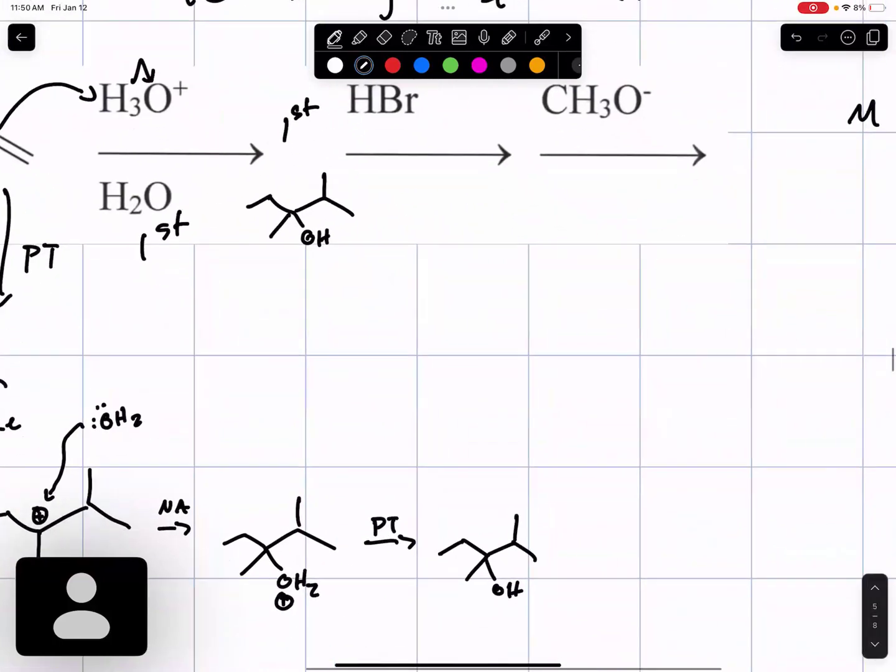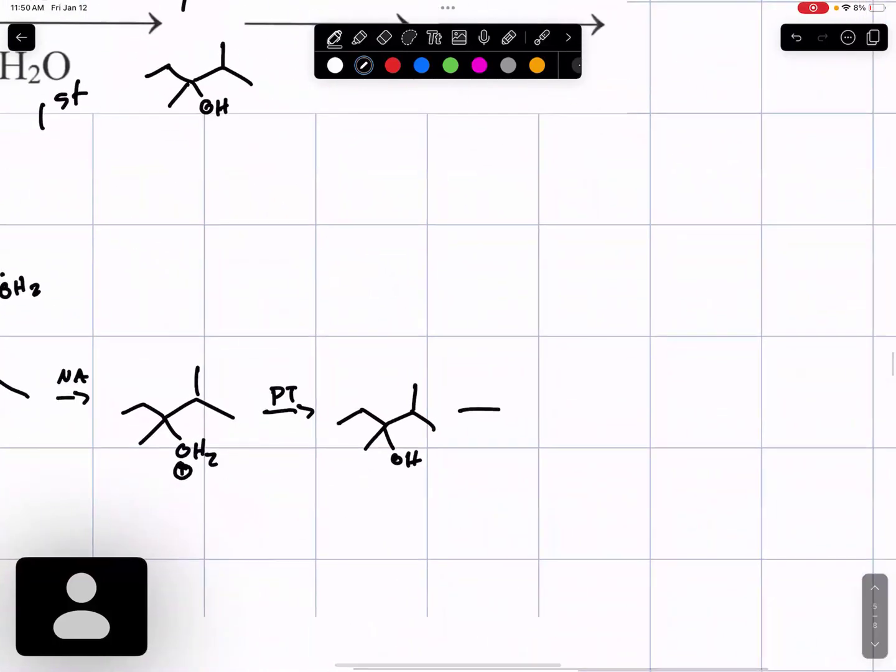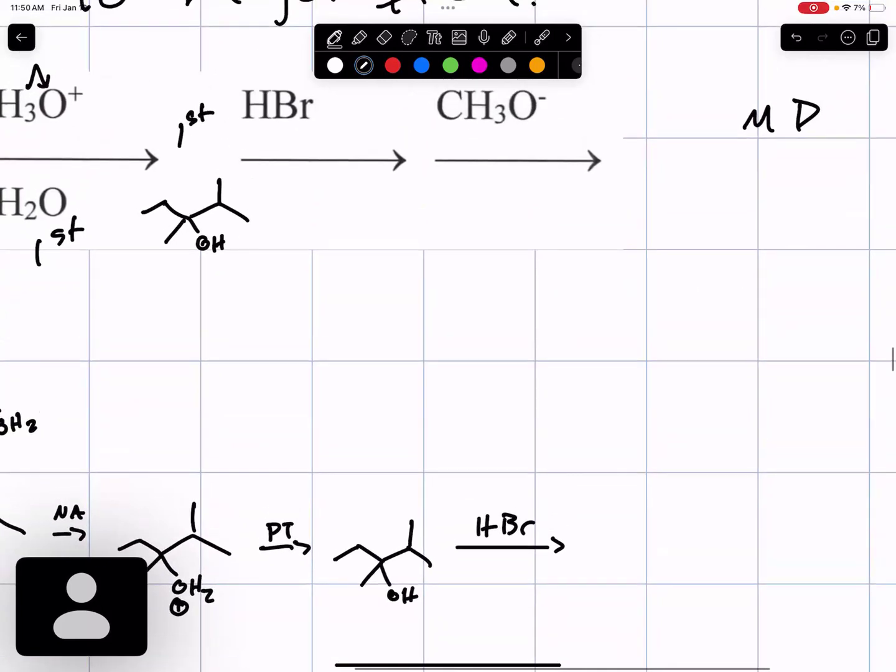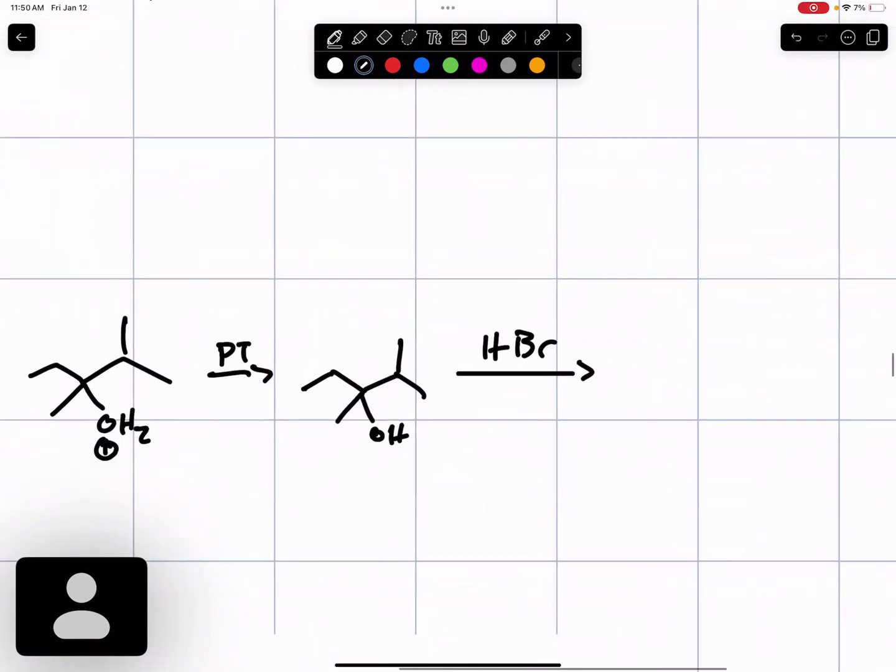How about once we react this with HBr? What's going to happen? HBr with this alcohol.